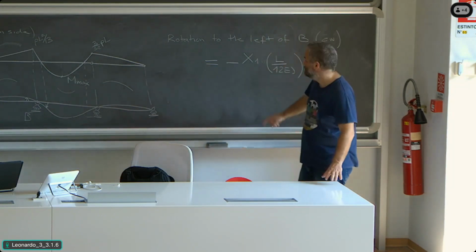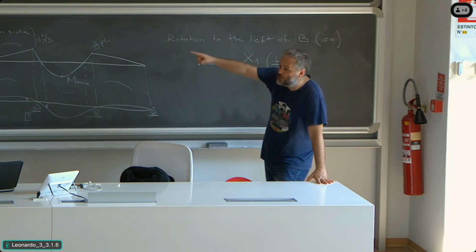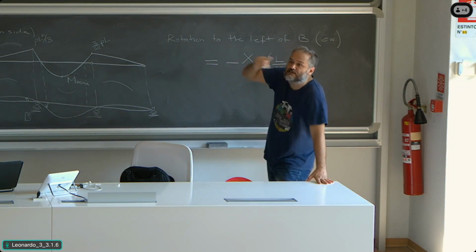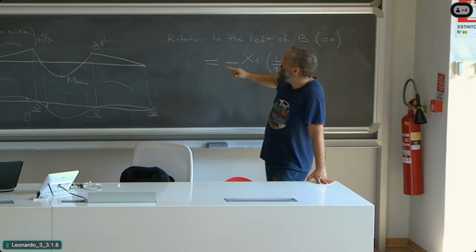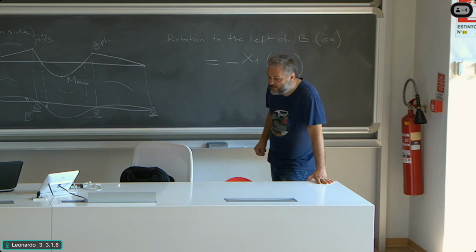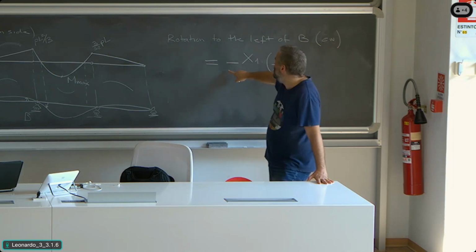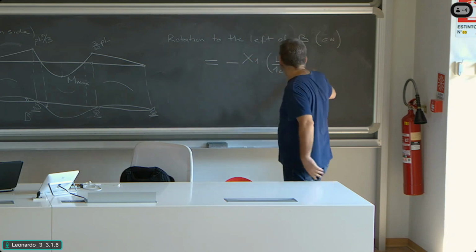Again, the rotation to the left of B is equal to the rotation to the right, so I can calculate either the one or the other. If the bending moment x1 has a value of 1, it is counterclockwise and equal to L divided by 12EJ. If I want the rotation to the left of B clockwise, I put the minus sign and I replace the unit value 1 with the actual value of x1.